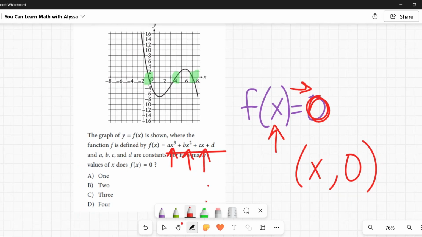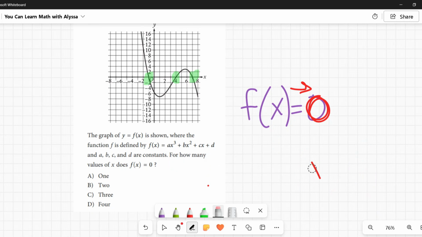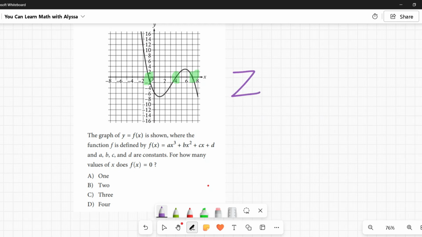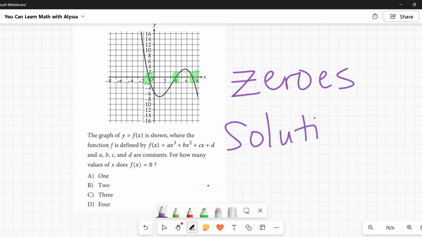There are multiple names for this. Be aware they may say different things. They may say, how many zeros does this function have? How many solutions does this function have? How many x-intercepts does this function have? Or here again, for how many values does f of x equal 0?